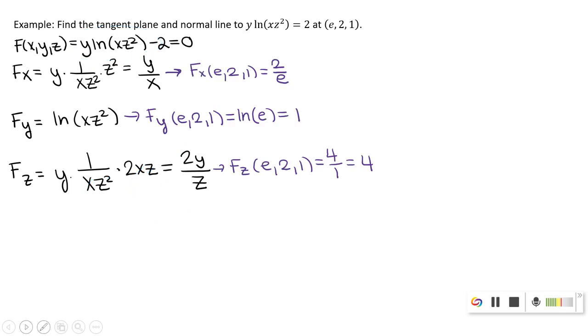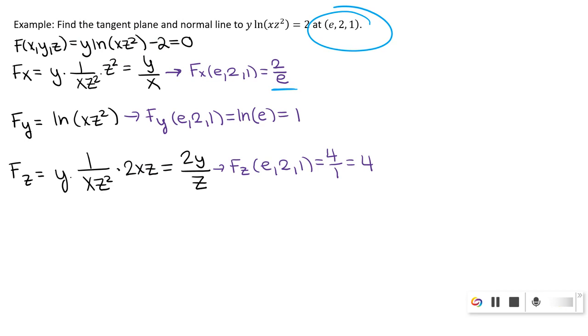So there are my partial derivatives. And then my next step is I'm going to take my point, (e, 2, 1), the point given, and plug that into each one of these derivatives. So f sub x, I put in the e for x, the 2 for y, I get 2 over e.